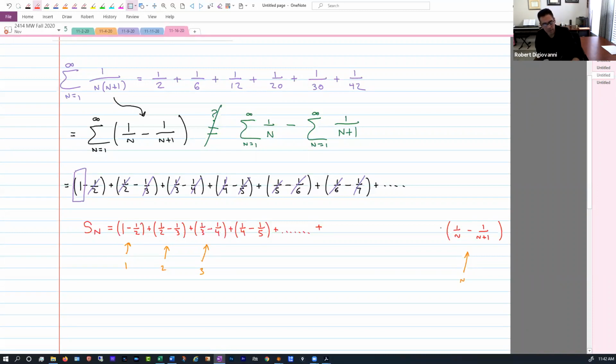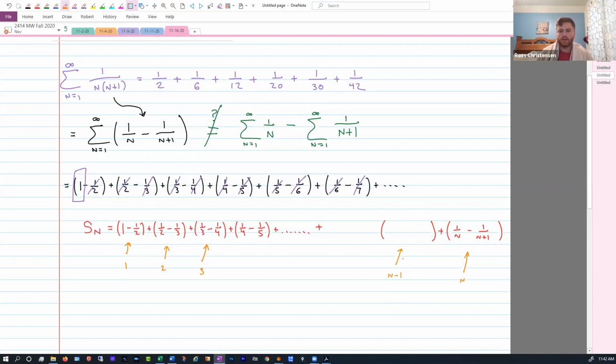Now, very important. What would the one right in front of that one be? So what am I plugging into this one? I'm not plugging in n. N is the last one. What would be the one right before n? What am I plugging in? Is it 1 over n minus 1 minus 1 over n? Yeah, so I'm plugging in this time n minus 1. Whatever this number is, 1 less than it.